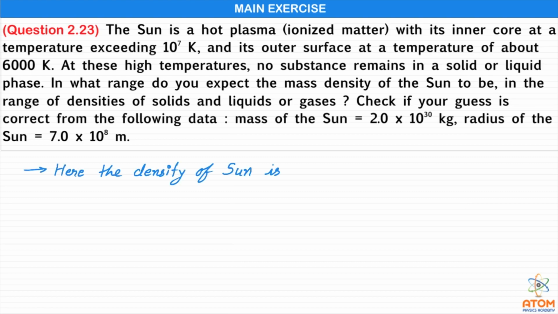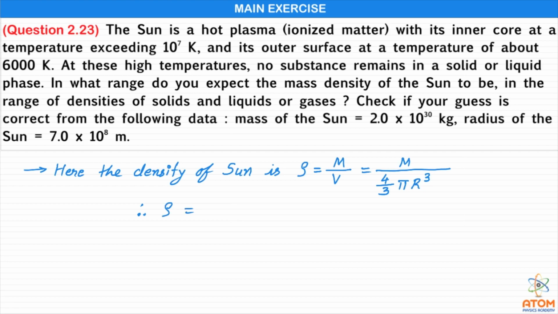Here the density of sun is, let us say, rho, then rho will be mass upon volume. The volume of sun can be written as 4 by 3 pi r cube, because sun is spherical, so we can use the equation of volume for sphere. And now we can put the values here.